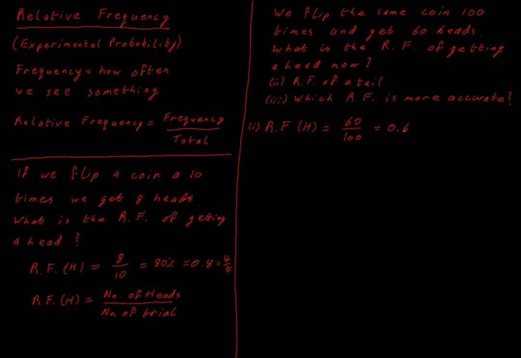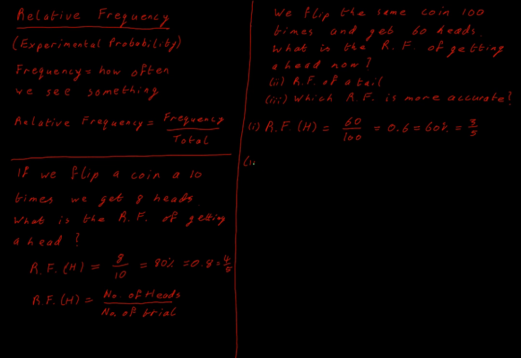So we could write that as 0.6, or as 60%, or if we wanted to write it as a fraction, we would write 3/5, if we simplified it down, looking for our common factor of 20 top and bottom. So these are the different ways that we could write our relative frequency. And again, it's just the total number of times we see something we want divided by the total number of times we ran the experiment or ran the trial.